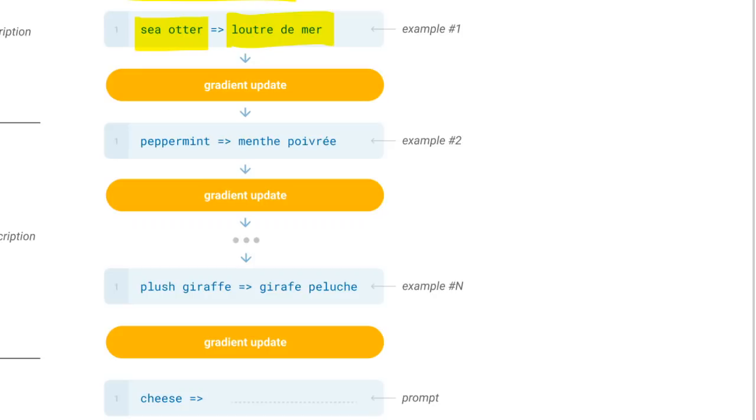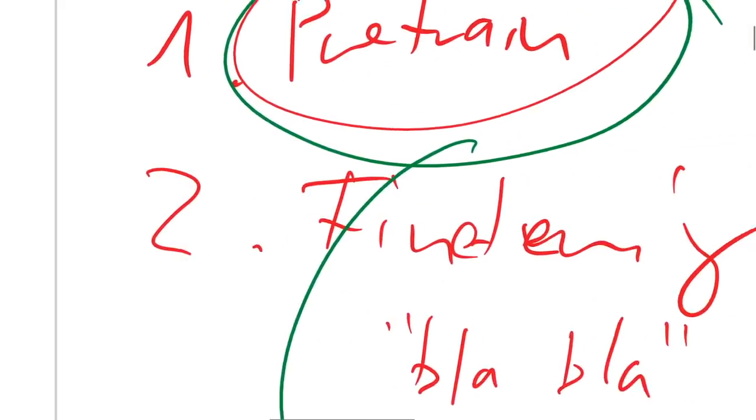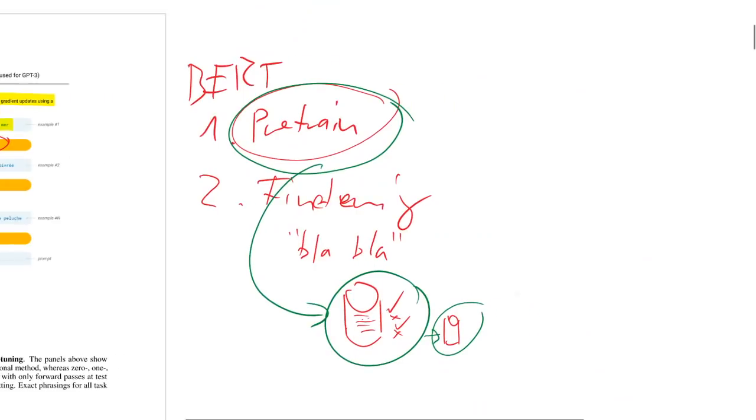You do a gradient update. I mean, if you're in the NLP world, this seems very natural, but they are going to argue in a second that this isn't the only way that you can teach a model a task, right? So this seems very natural, right? You take your pre-trained model and you're going to fine-tune it on this task.